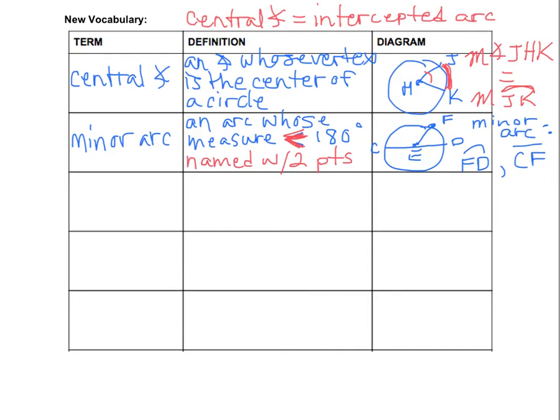FD would be this much of the circumference of the circle, and CF would be this much, and both of those are less than 180 degrees.